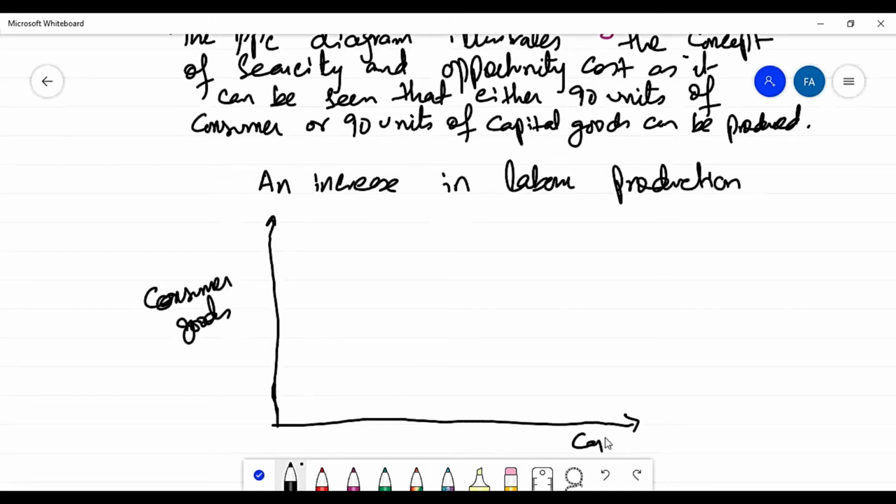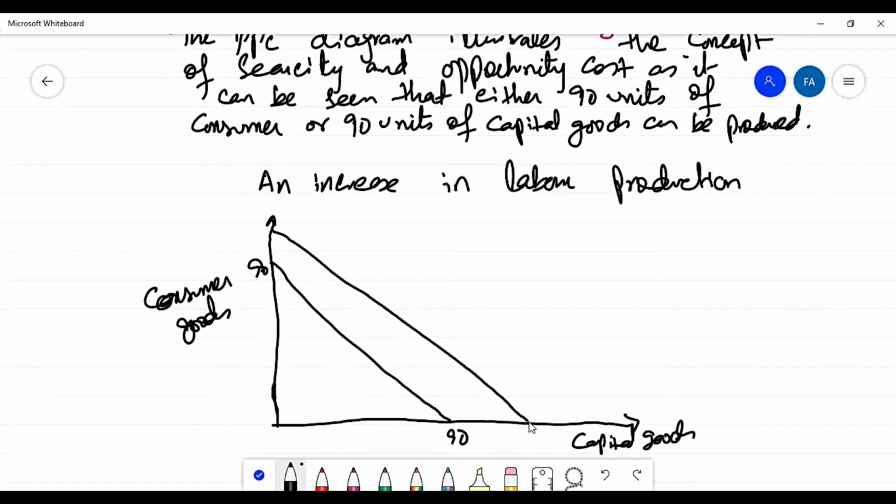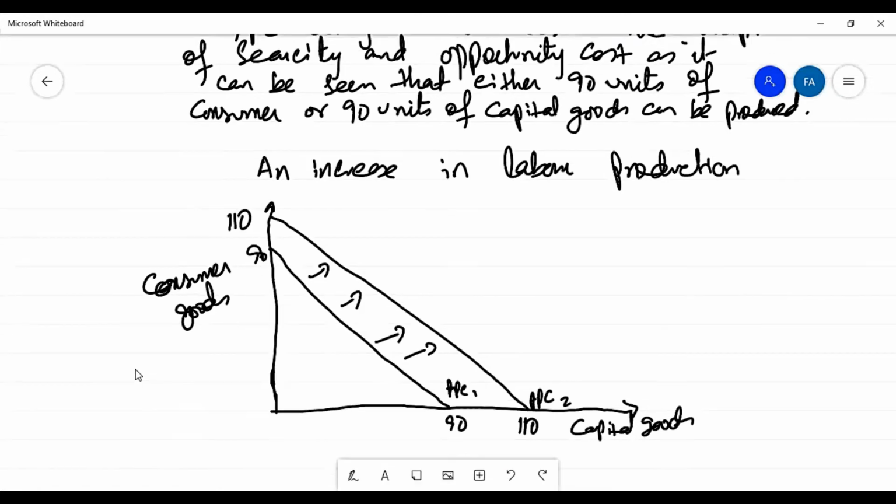This is capital goods. If I'm making it like this, and I'm saying that it was earlier 90 and 90. Because of an increase in labor productivity, now labor is able to make more with the same resources. So it will be 110 and 110. So it has moved outwards. PPC 1, PPC 2, which indicates that I have made an outward shift. This is a growth overall.